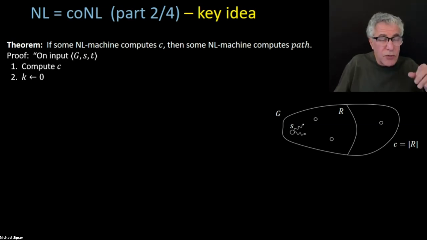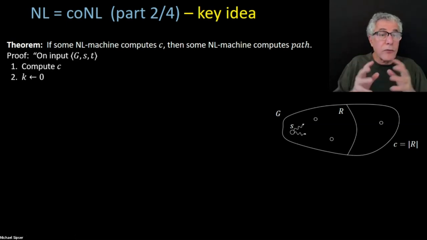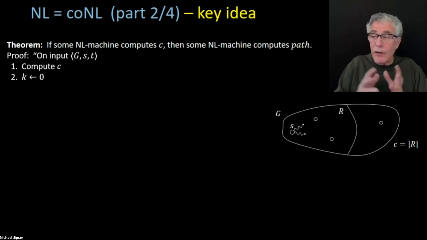Since we're a little short on time, suppose I tell you there are, in this graph, 100 nodes reachable from S. So C is 100. There are 100 reachable nodes. Now I want to know this particular node, T. Is that reachable from S?